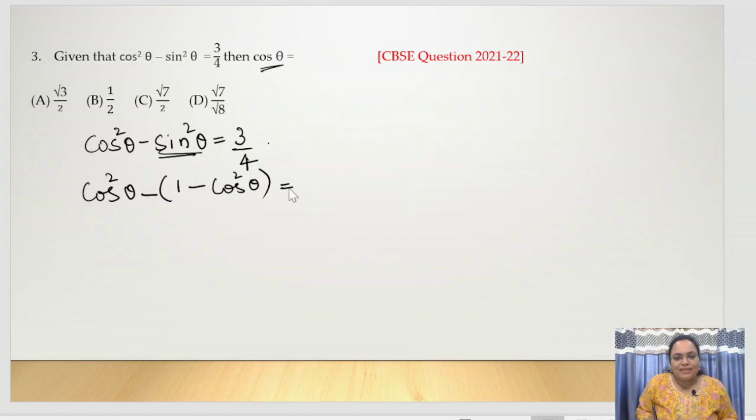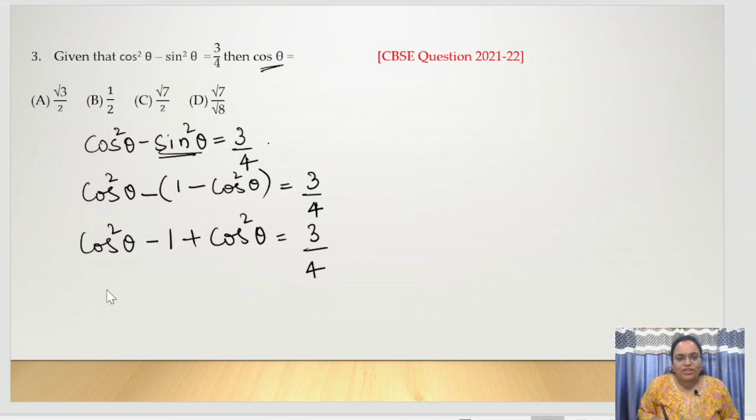Now I am just removing the brackets: cos square theta minus 1 plus cos square theta is equal to 3 by 4, which is 2 cos square theta minus 1 is equal to 3 by 4.